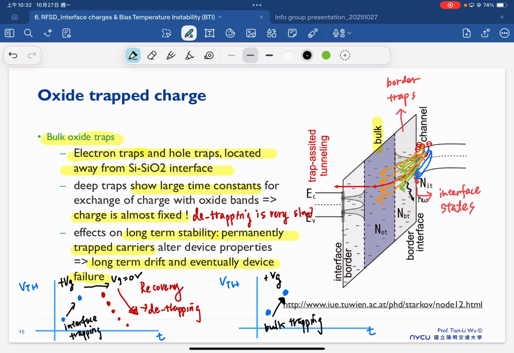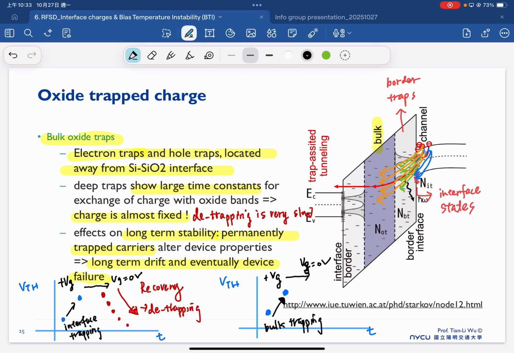As usual, once we operate the device, we give the bias, but then suddenly we stop the bias because we are no longer operating the device. So we put the gate bias at 0 volt here. And because now we have the bulk trapping, which is very deep in the dielectric, the time constant is very large.